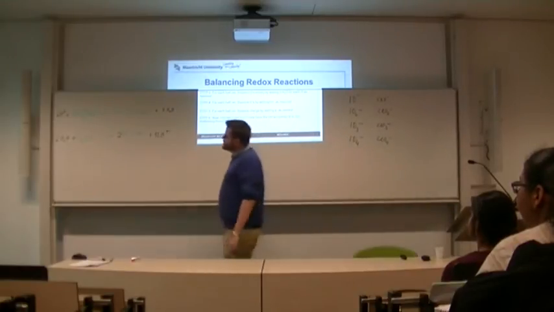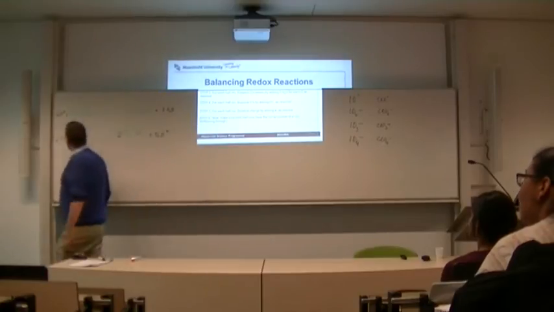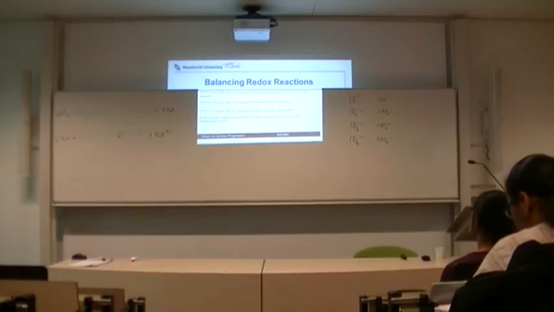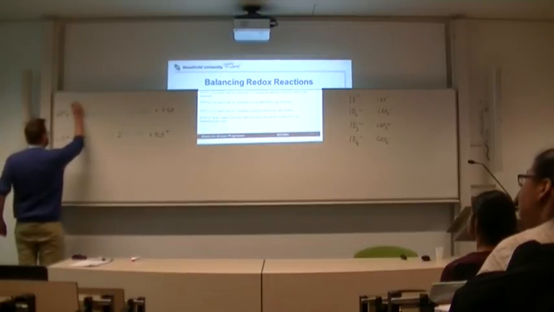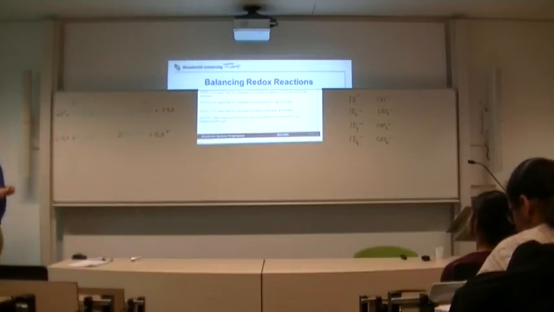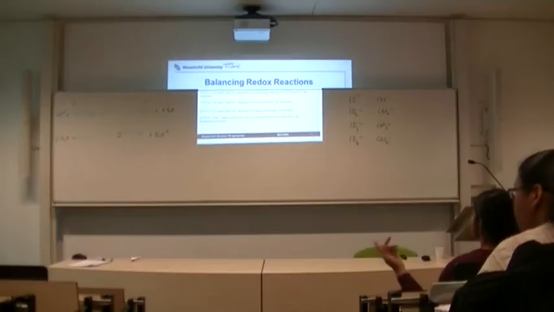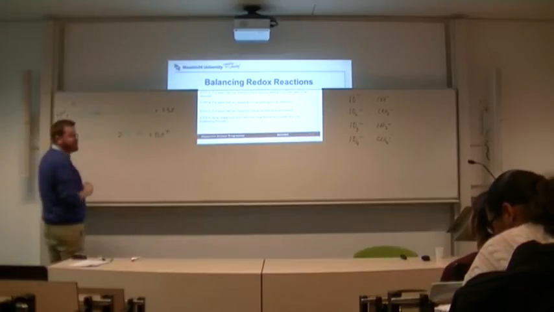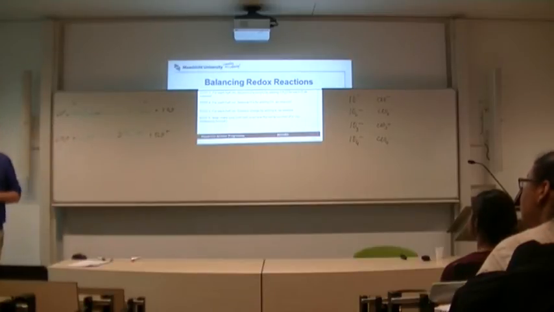Well, on the left-hand side, we've got a total of 5 plus, 6 minus 1 is 5. So let's write that down, 5 plus. And on the right-hand side, I've got 1 minus. So what do I do? Add 6 electrons to the reactants. Correct. So I add 6 electrons here. Now it's balanced in terms of charge.